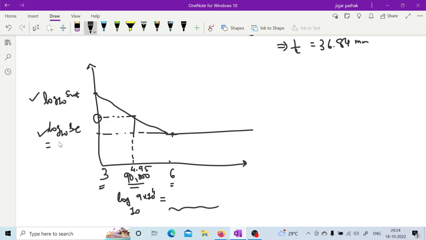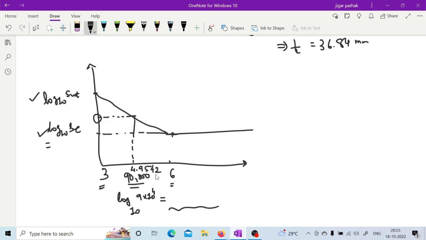Hello? Yes, sir. And here you can go up to 4 decimal places. For log 10 of 90,000, it's 4.9542.